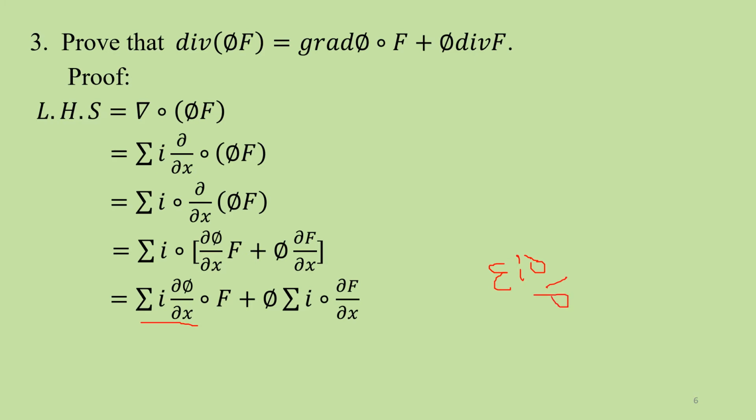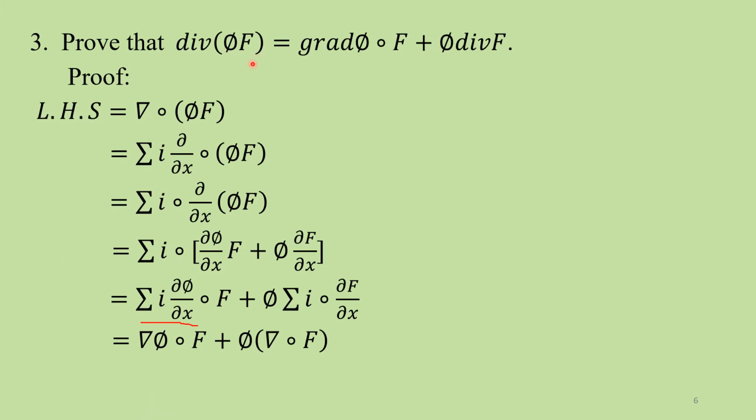Again I can take that dou by dou x and shift it, so I can write summation i of i dou by dou x dot f. So what is summation i of i dou by dou x dot f? That means it is the divergence of f. So I got the first term as expected, grad phi dot f, and the second term I have phi times divergence of f. So that gives the result, students.